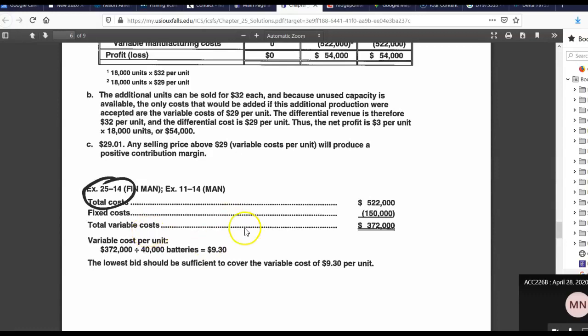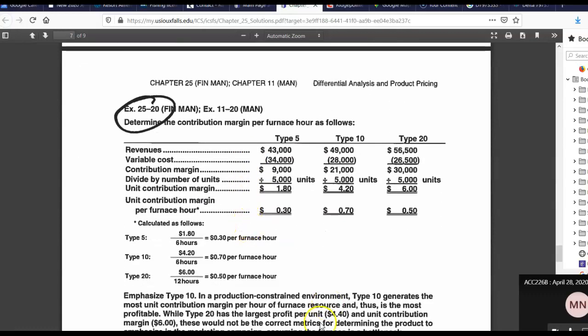And then the last one I think that was assigned is these three different types of furnaces, and they give you the revenues and the variable costs, which we always understood gives the contribution margin. You divide it by the number of units, and then it gives you a unit contribution margin.